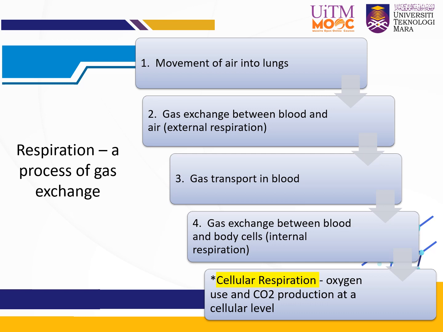This is what we call internal respiration. In these cells we also have cellular respiration, where there is oxygen use and the production of carbon dioxide at a cellular level. That's why the name is cellular, because it comes from the cell.